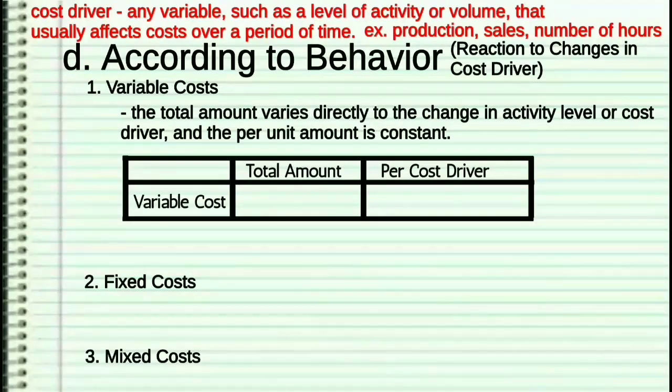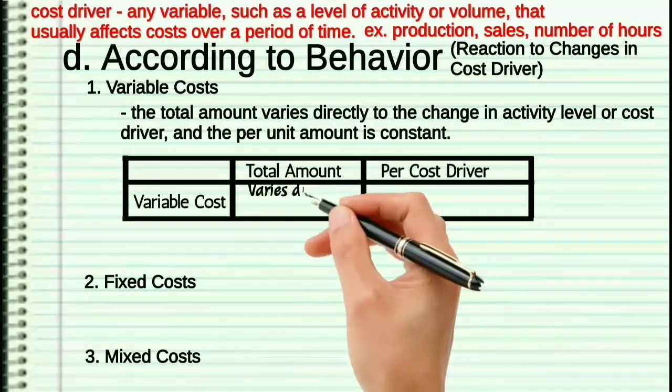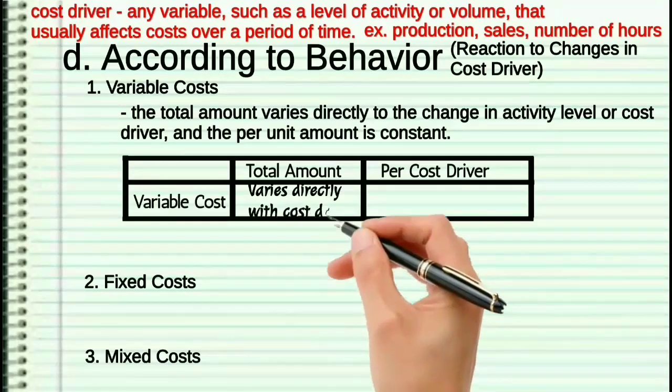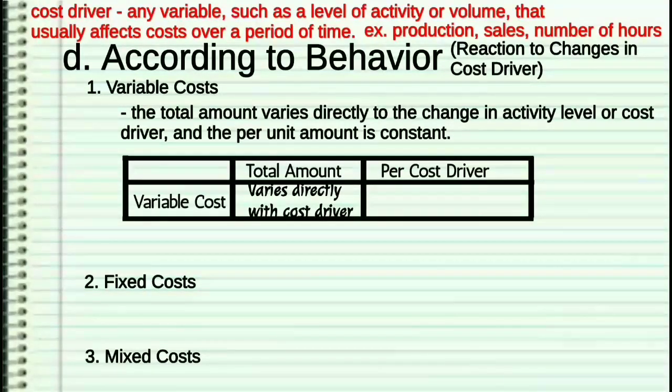Kapag ang pinag-uusapan ay total variable cost, this cost varies directly with the cost driver. Ang ibig sabihin niyan is kung tumaas yung cost driver, tataas din yung total variable cost. Kung magdi-decrease yung cost driver, magdi-decrease din yung total variable cost. Kasi ang sabi, varies directly with the cost driver.